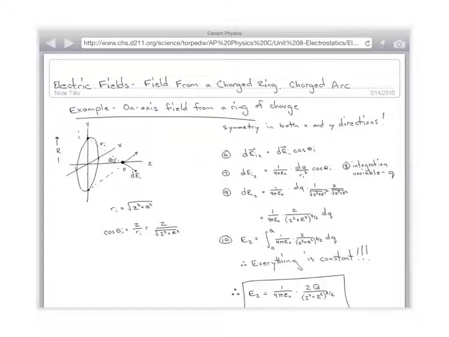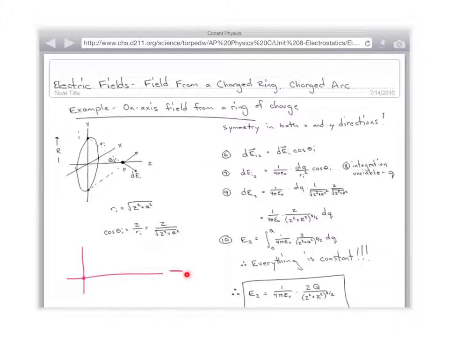Let's make a graph of this. Here's a set of axes. We know the field is 0 at the center, and we know the field is 0 at infinity. Does that mean it's 0 the whole time? No. What do you think it does?